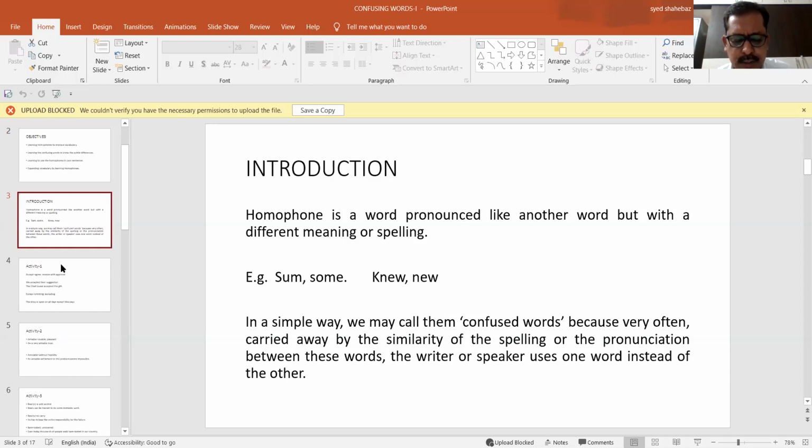The dictionary gives the example: some, SUM; new, KNEW. In a simple way, we may call them confused words because very often, carried away by the similarity of the spellings or the pronunciations between these words, the writer or the speaker uses one word instead of the other.